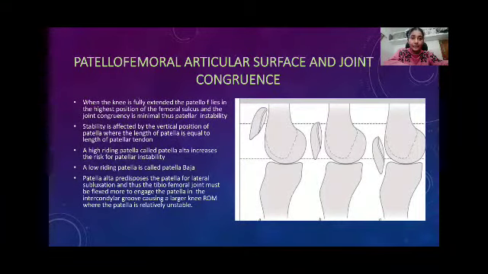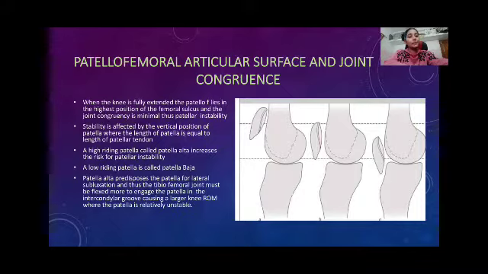A high-riding patella is called patella alta. This increases the risk for patellar instability because it is in the highest position, not inside the groove or the patellar surface of the femur. It is very high and thus predisposed to instability.